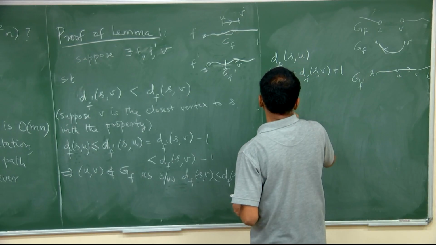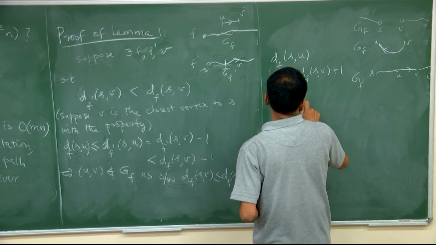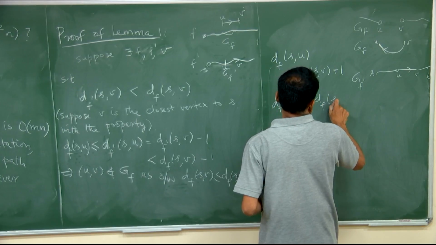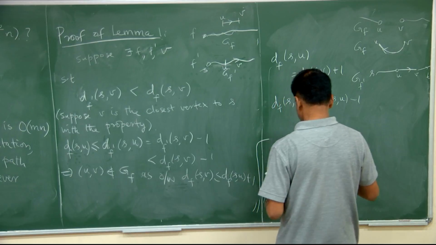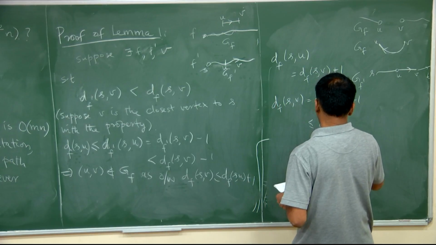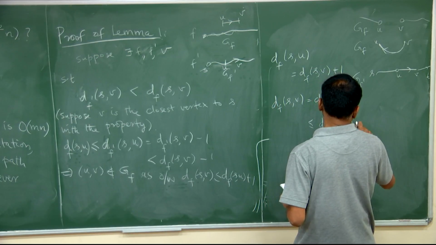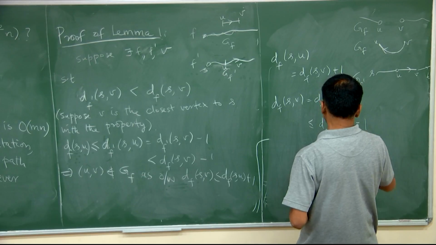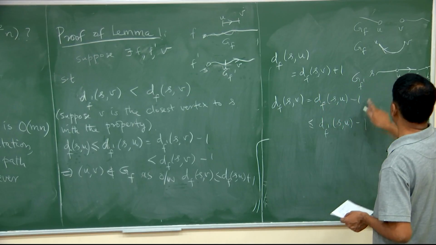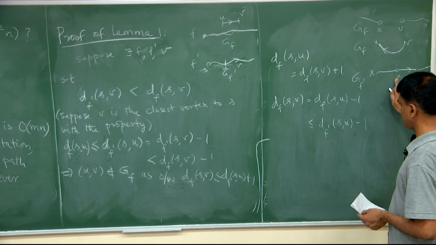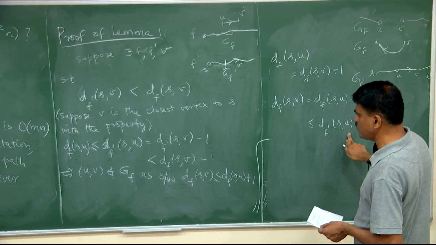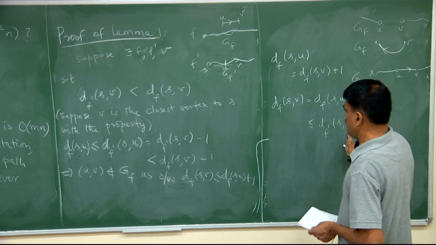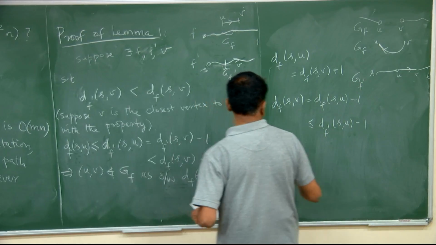So distance in F SV is equal to df SU minus 1, which is less than or equal to, because in F prime S to U we know is increasing, right? V was the closest vertex, but F prime SU is F prime SV minus 1.